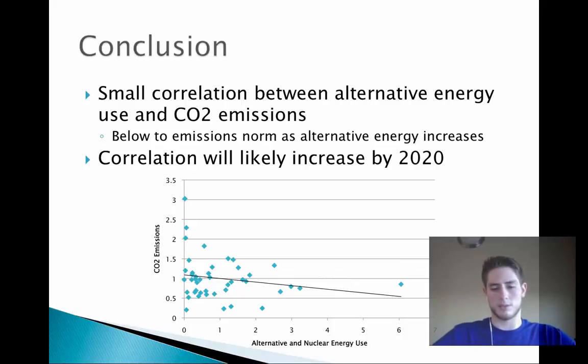Obviously, if you have the technology to harvest renewable energy, you're going to have similar technologies to cut emissions. So I expect this correlation to increase by 2020 as that EU initiative continues, and more pressure is put on the countries that are pulling down the EU statistics.